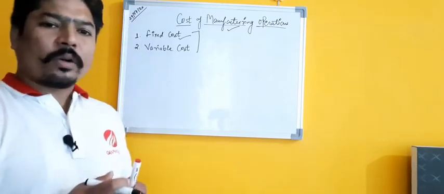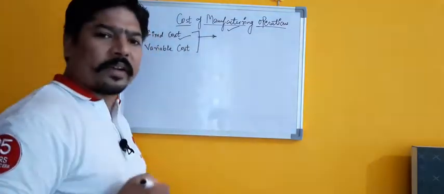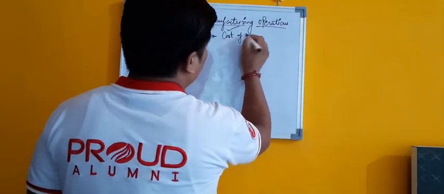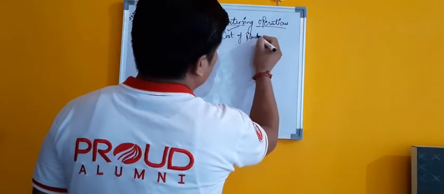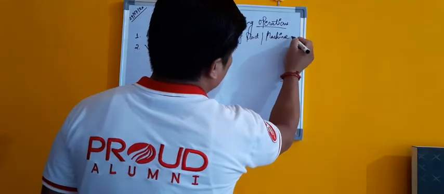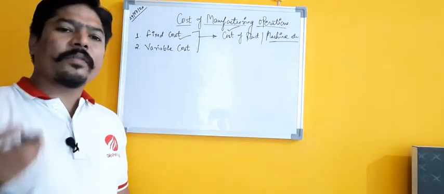All these costs are related to your fixed cost in that manufacturing facility, like cost of plant, machines, etc. Okay, so these are the kind of costs which are always in a fixed amount.